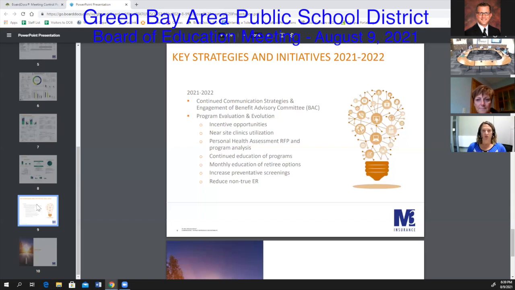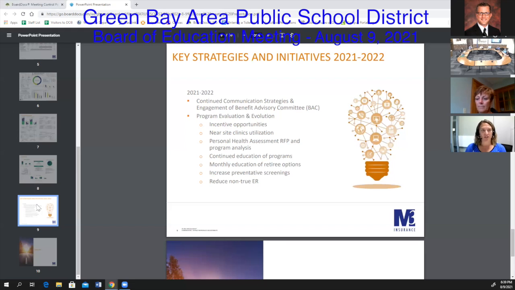We'll also continue to evaluate the program itself and continue to evolve. That could happen through incentive opportunities, looking at the wellness programming, continuing to evaluate the relationship with the local provider delivery systems and those near-site clinics, looking at the personal health assessments and program analysis of that. We are going to be going to RFP for that service this fall.